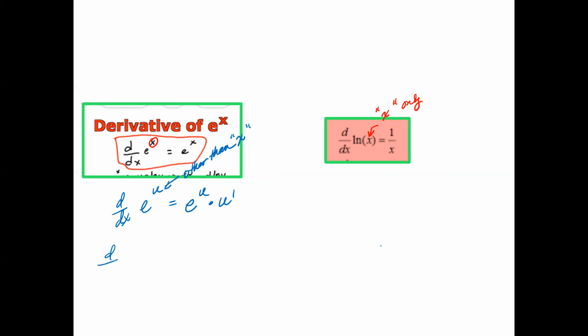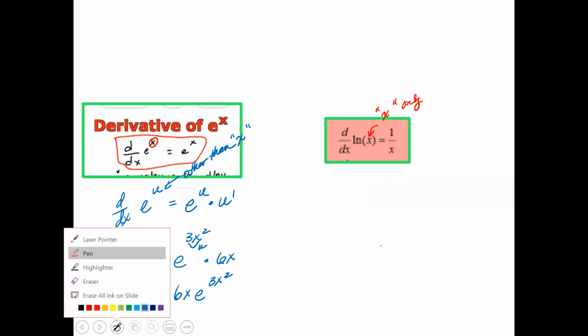So for example, the derivative of e to the 3x squared, and again, this is other than x, is e to the 3x squared times, what is the derivative of u? Because this part right here is u. So what's the derivative of 3x squared? 6x. So your answer is 6x e to the 3x squared. We'll talk more about this. It's just a little brief introduction.